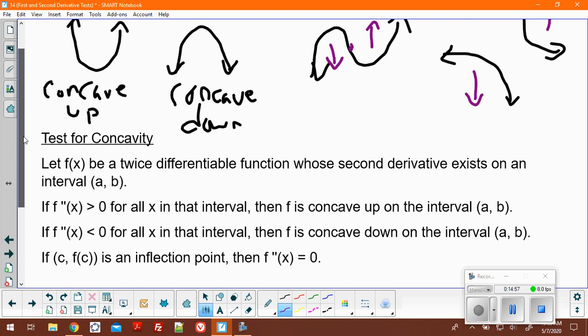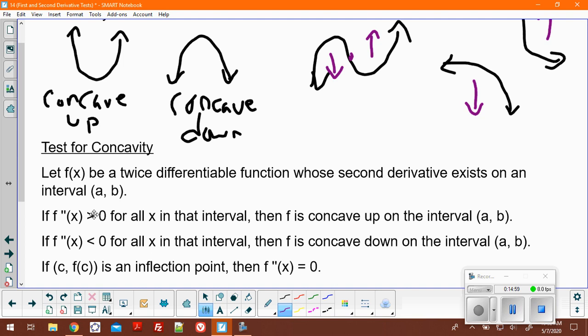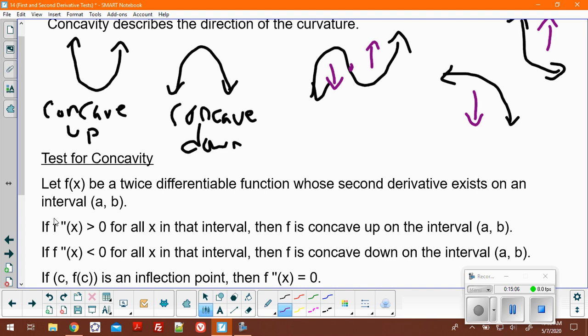Now again, to explain why that's happening, let's talk about this. If f double prime is positive, that means that the rate of change of my tangent line slope is positive, which means it's increasing. If I were to draw tangent lines on this parabola, originally I have a steep negative slope.